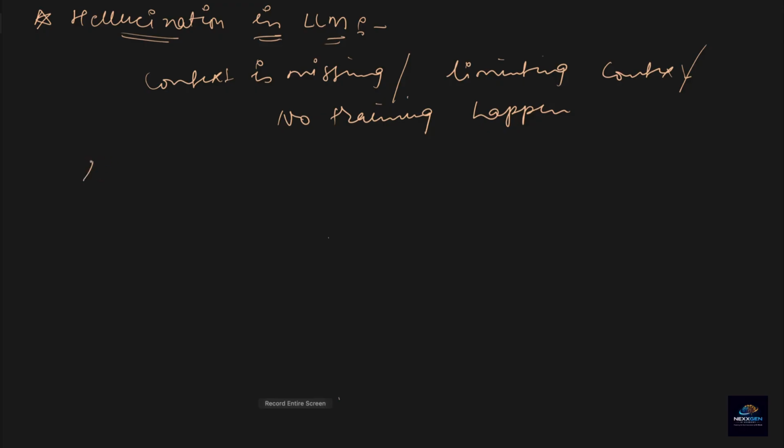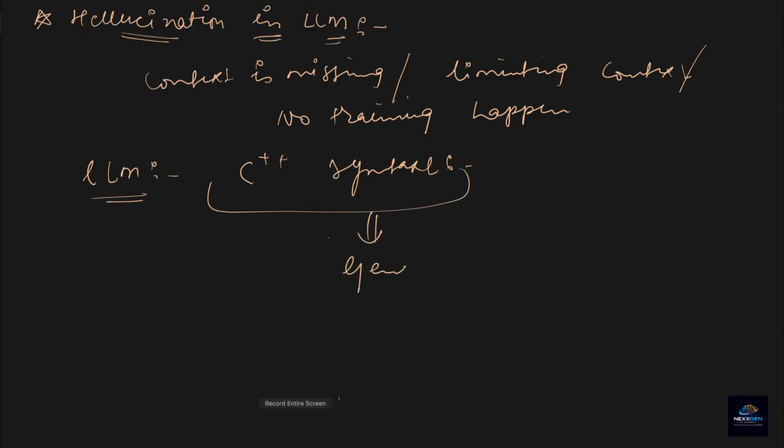Let's say you trained a large language model on C++ syntax, and your LLM is now able to generate code in C++.